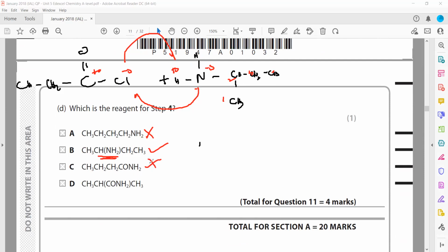In another option the reaction would occur, but it is already an amide. So we should add an amine group, an alkyl amine, so that hydrogen is replaced by chlorine and it turns into an amide. Is it clear? The last part.